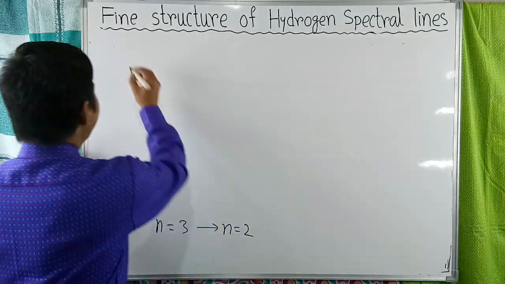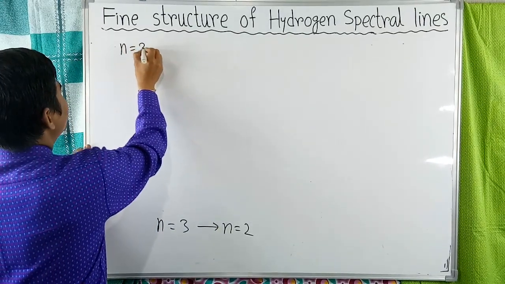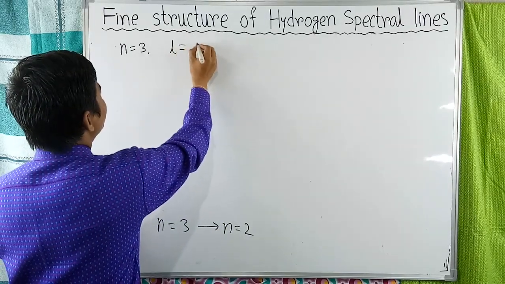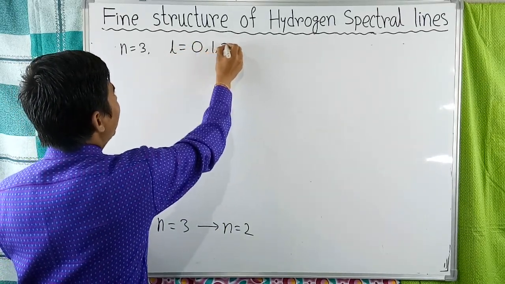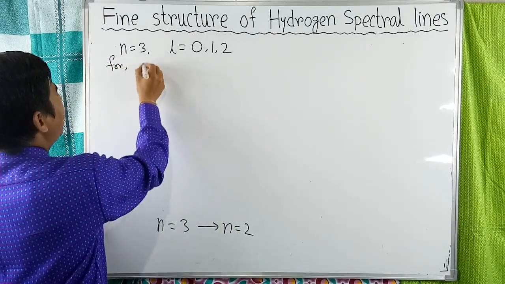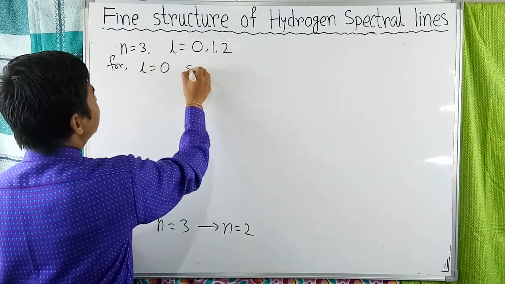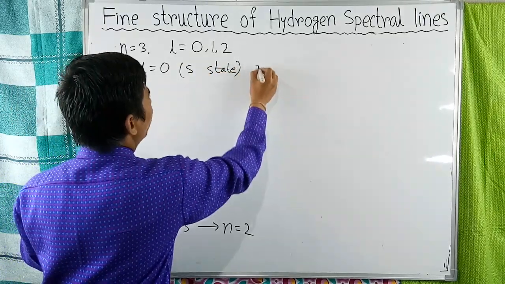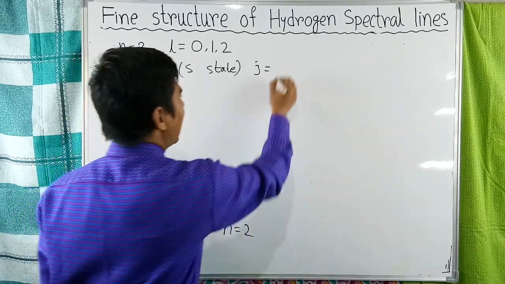Now, for n equals 3, the orbital quantum number L has 3 values: 0, 1 and 2. Now, for L equals 0, that is the S state, J has only one value, that is half.